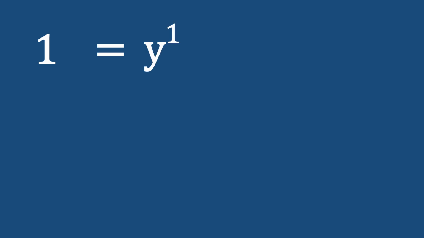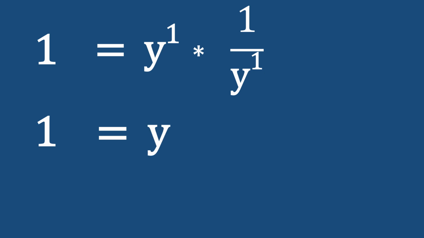So we have 1 equal to y raised to the power of 1 times 1 over y raised to the power of 1. So what we will simply do is further rewrite the right hand side. So 1 is now equal to y raised to the power of 1 times y raised to the power of minus 1.